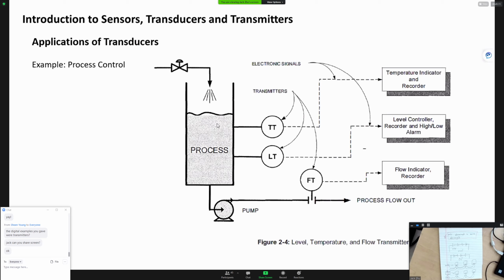But in here, because you want the production line to keep going, you have to make sure the material inside this tank has a certain quantity in there and meets a certain temperature. So for here, you have a temperature.